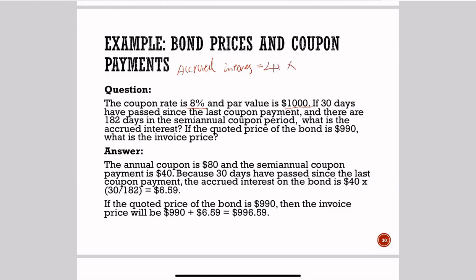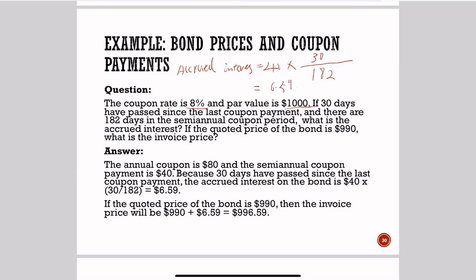And then we're calculating the prorated amount. And we know that the days separating the coupon payments are given by 182 days. And 30 days have passed, right? So this gives us the accrued interest, which is 6.59.